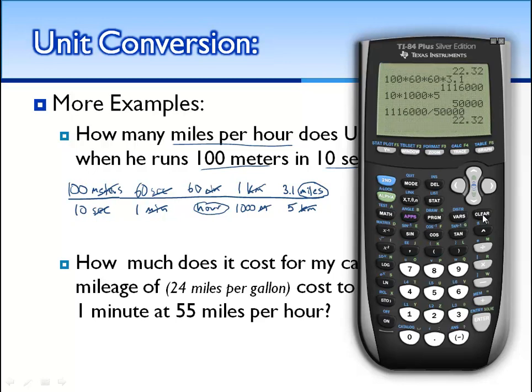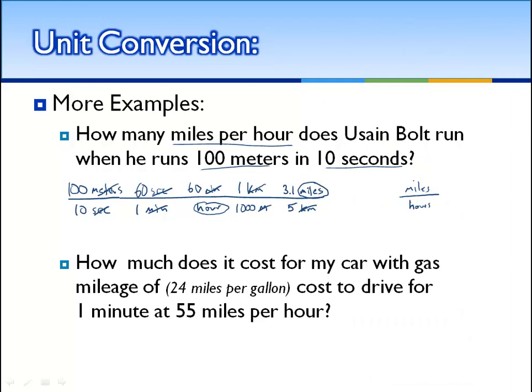Notice you get the same answer, but it took 3 steps. If your calculator can handle it in 1 step, why bother typing it in 3? I don't know, but I've seen that, so I thought I'd show it to you guys just in case. So 22 miles per hour.